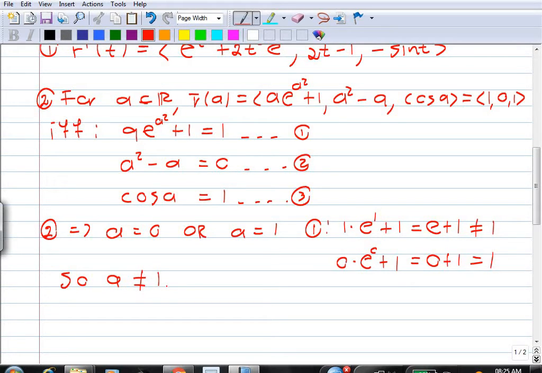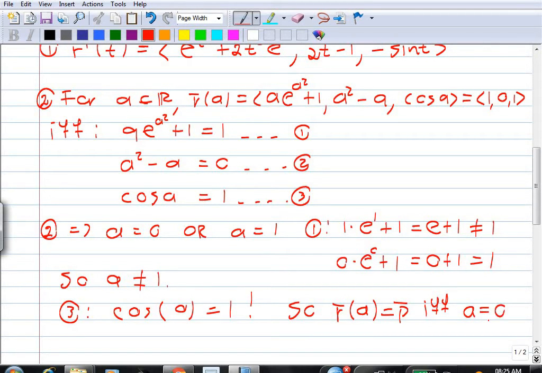So now we need to check, does a equal 0, our only remaining value, satisfy the third equation? If we look at the third, we know what cos 0 is. It's 1. So we can conclude that r of a is equal to P precisely when a is 0.